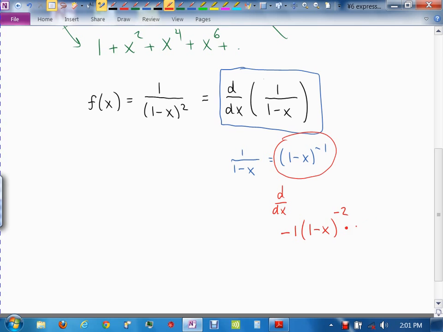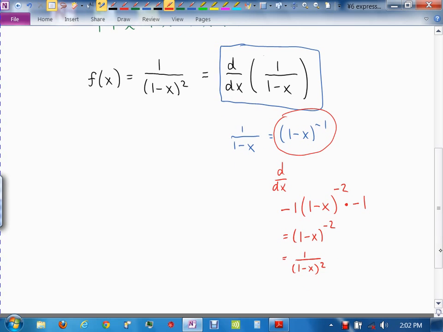That's negative 1, right? The negative in front and the negative in the back cancel, and you're just left with 1 minus x to the negative 2, which is 1 over 1 minus x squared, right? So this function that I'm looking at right now is actually the derivative of that function.